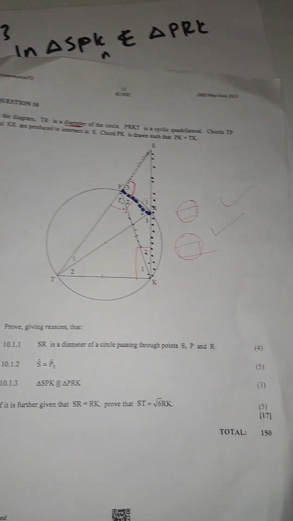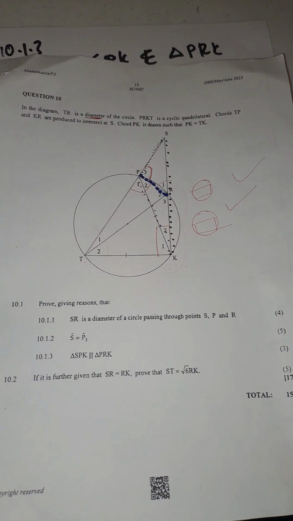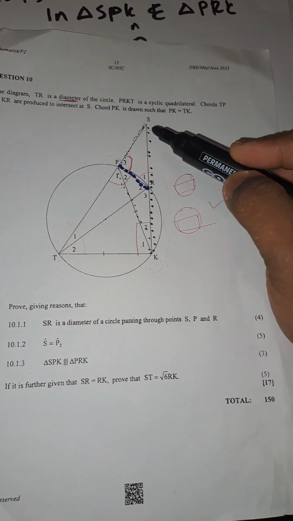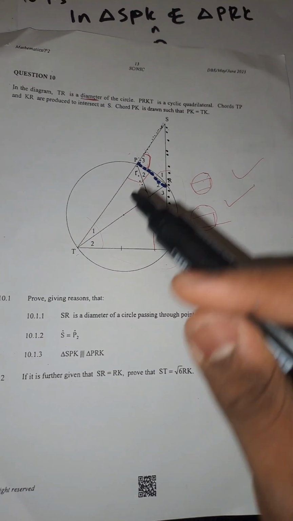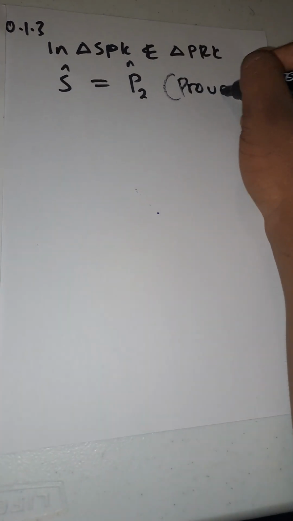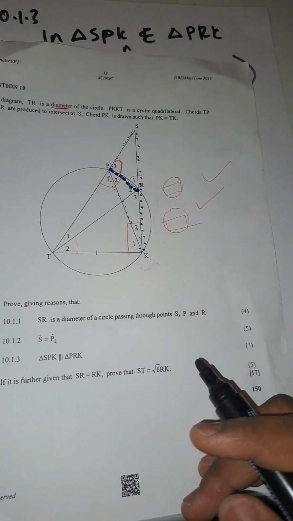So now let's go. I wrote S and P2 here. I told you angle S equals P2. We were asked to prove, so I can say proven here because it was given. Now let's go to the second one. Let's consider this thing here.